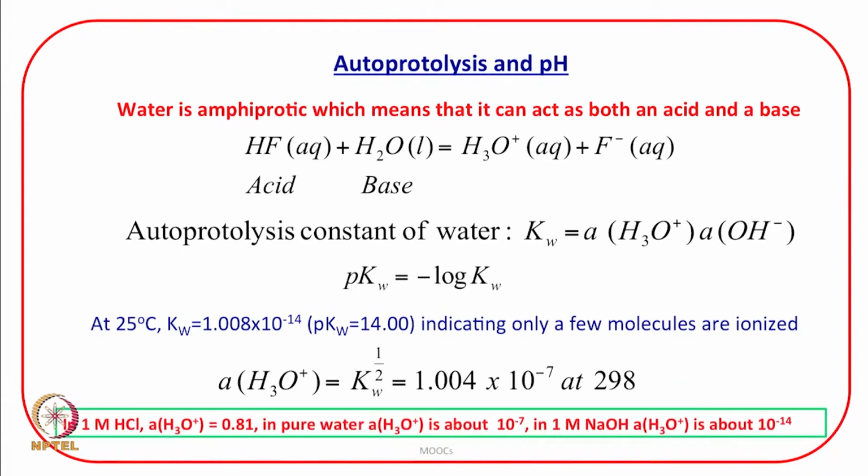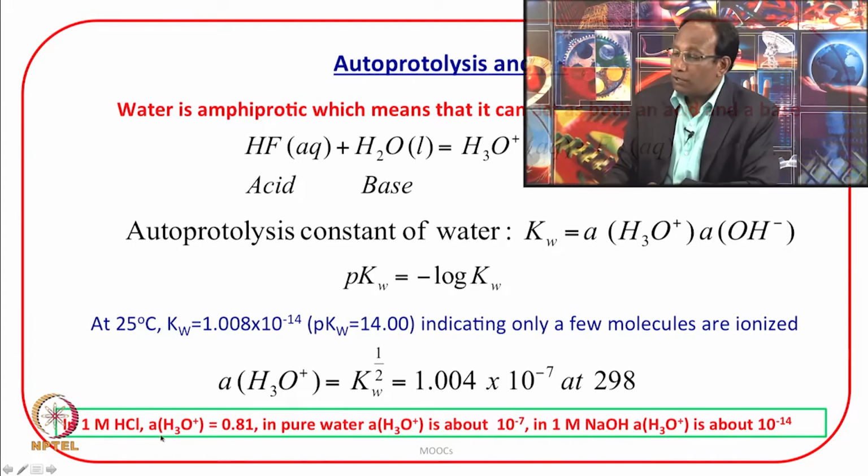If we note down the activities of hydronium ion in 1 molar HCl, it is 0.81, and pure water it is 10 to the power minus 7, we just discussed, and in 1 molar base activity of hydronium ion is about 10 to the power minus 14.